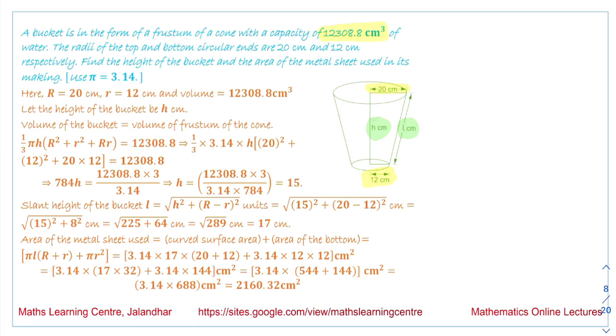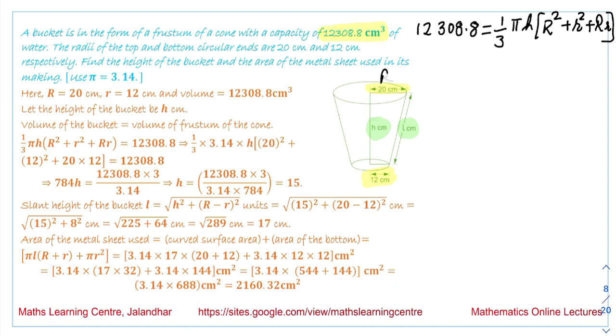The volume of this bucket is given to be 12308.8 centimeter cube, and if we substitute the values in the formula, it is 1 by 3 pi h into (R square plus r square plus R into r).